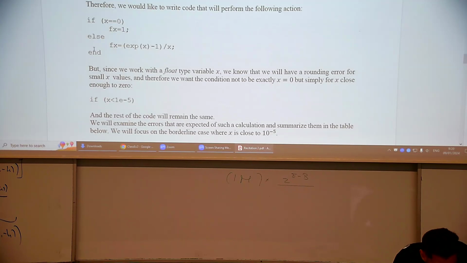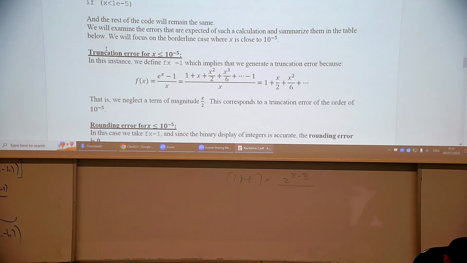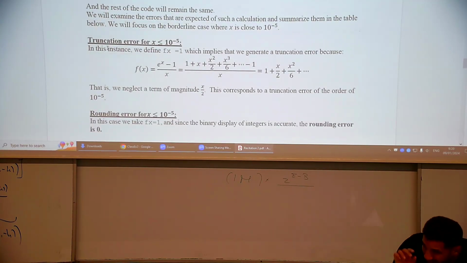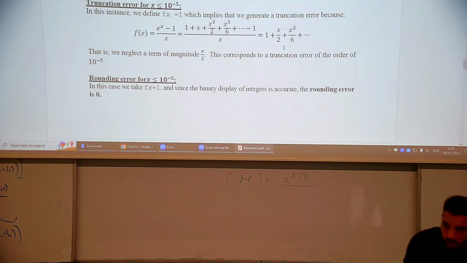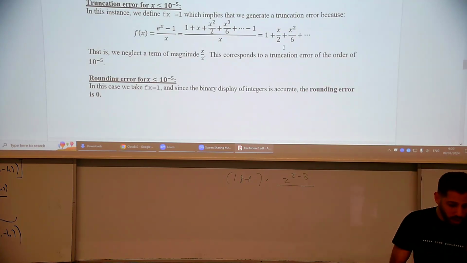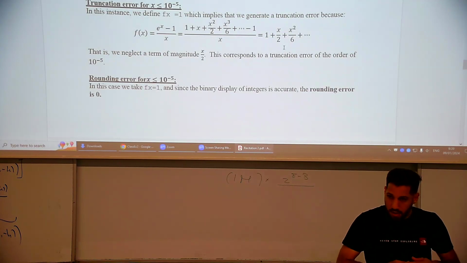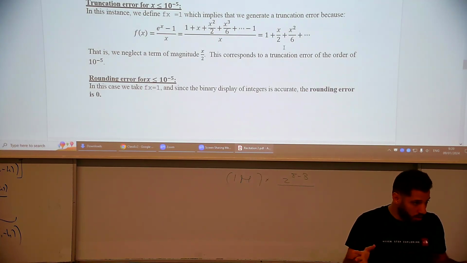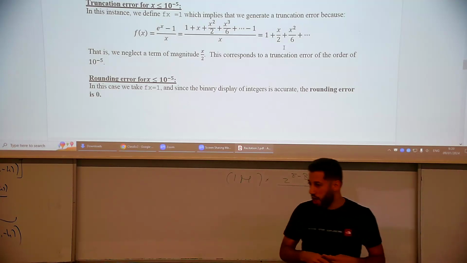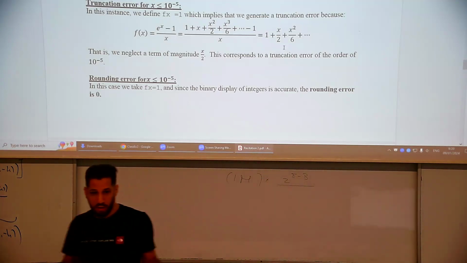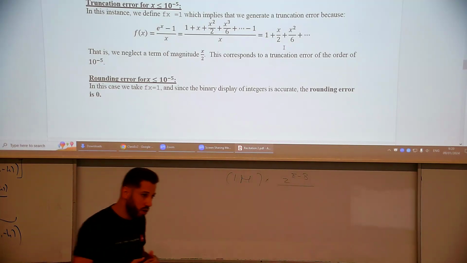Now we want to know what the error is. We will focus on the borderline case around 10 to the minus 5. For numbers close to 10 to the minus 5 but smaller, we assign the value to be 1. If we want the computer to store 1, what is the error in storing 1?